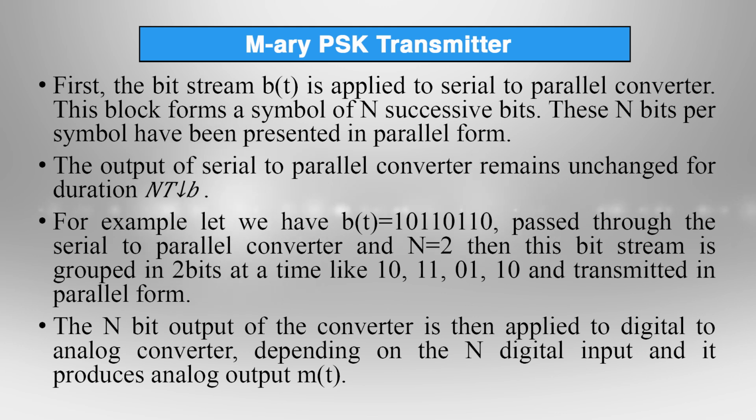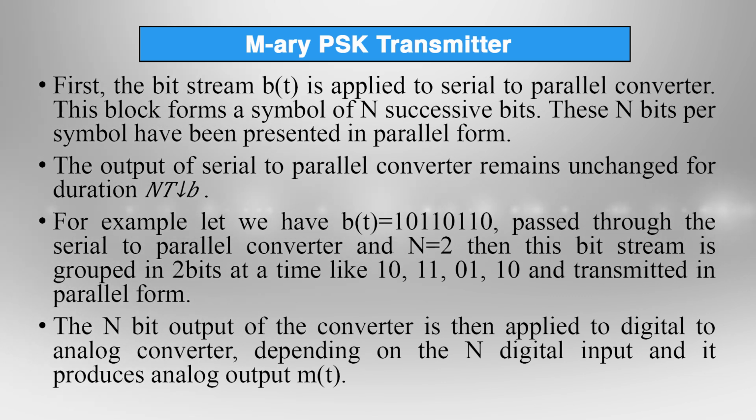The n-bit output of the converter is then applied to the digital to analog converter. Depending on the n-bit digital input, it produces the analog output m(t). The digital to analog converter output remains unchanged till the last nth bit is received.